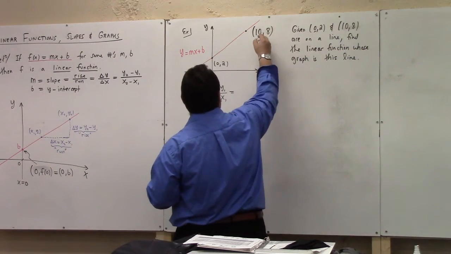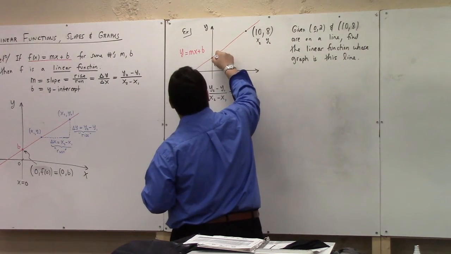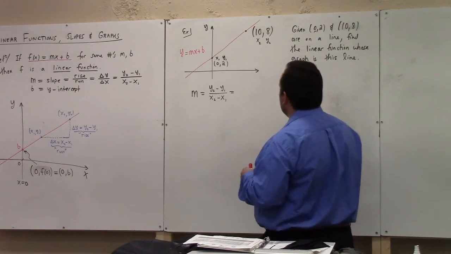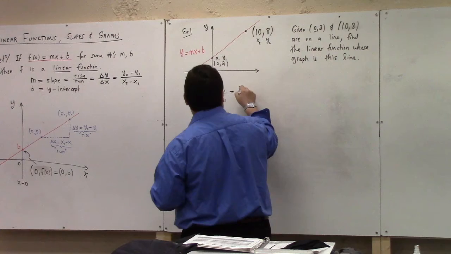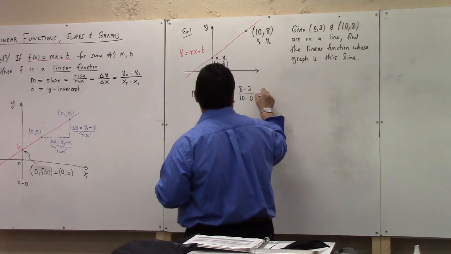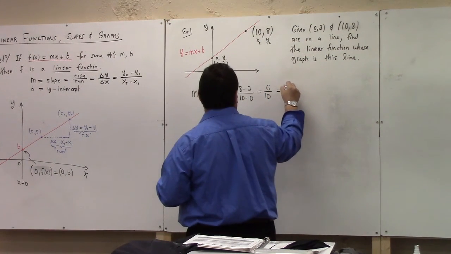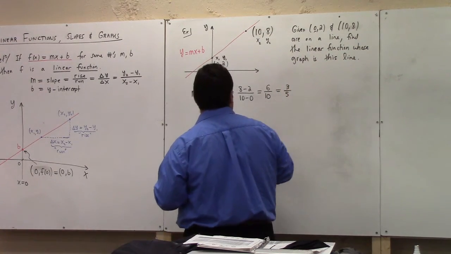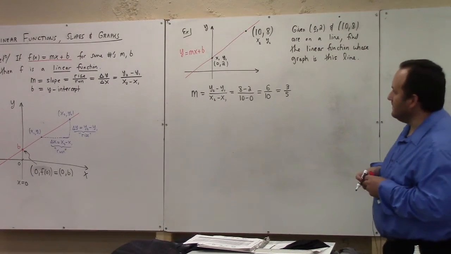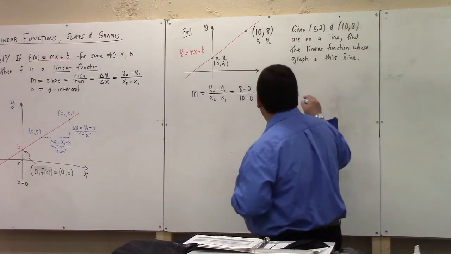So you want to think about this one as like the x2 and the y2. You want to think about this one as like x1, y1. So 6 over 10, we could, 3/5, right? That's the slope. What's the y-intercept? Yeah, the y-intercept is 2.